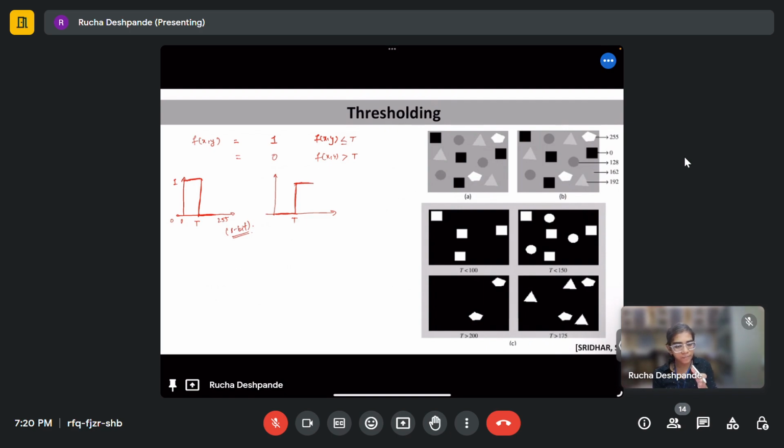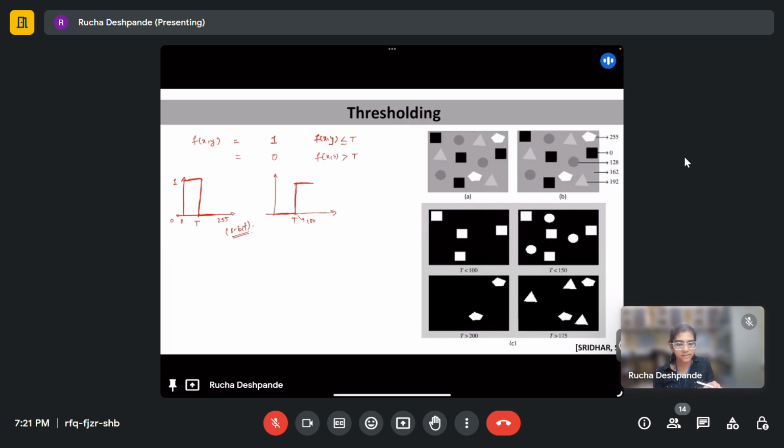If we are using this thresholding function, and suppose the threshold value here is 100 and my pixel value is below 100, then it will be transformed to 0. If the pixel value is above 100, then it will be transformed to 1.